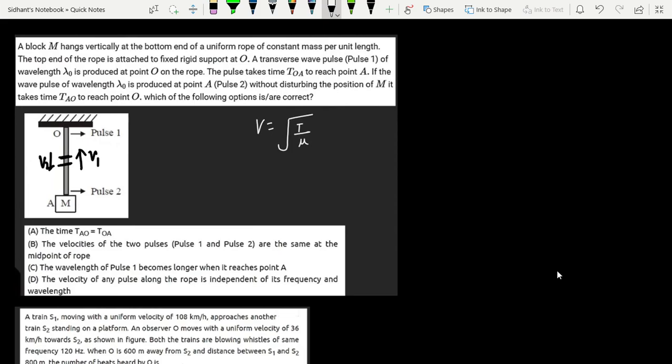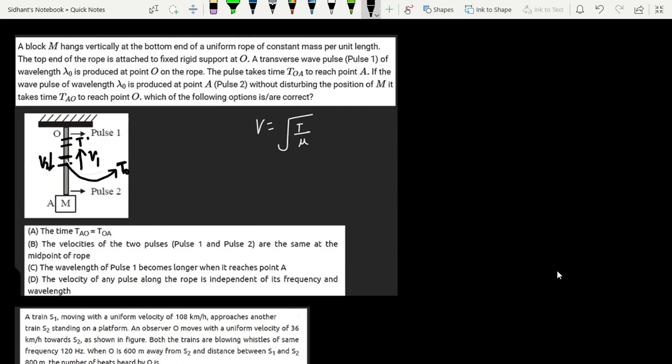Here the tension will be the same for both velocities v1 and v2, let that tension be T naught. And if I take another element somewhere here, the tension can be, let's say, T dash.